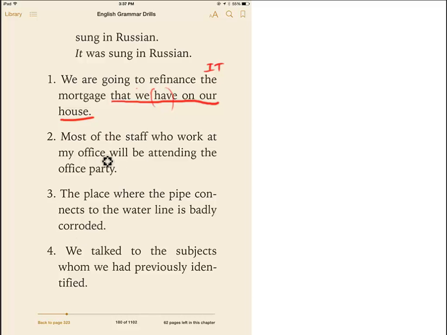Most of the staff who work at my office will be attending the office party. Most of the staff who work at my office, they will be attending the office party.